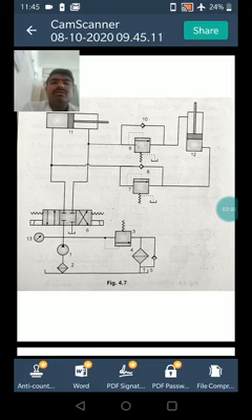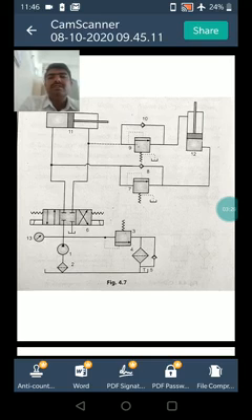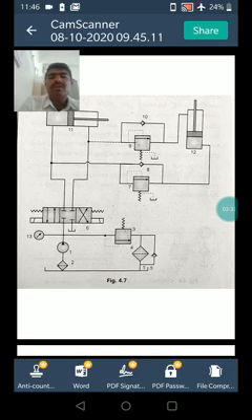Then pressure keeps building at the rod end side of cylinder 11, which opens sequence valve 9, allowing oil into the blind end of cylinder 12, causing cylinder 12 to extend. Thus, for the right position of DCV 6, first the retraction of cylinder 11 and then the extension of cylinder 12 take place.